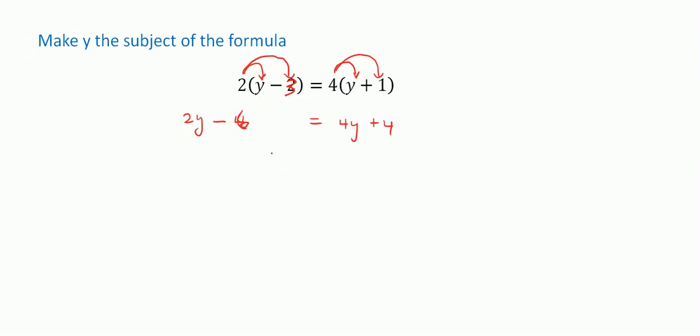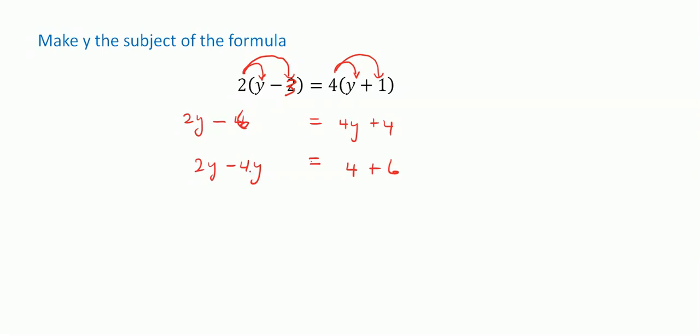Sorry, my mistake. Right, let's bring all the y's on one side of the equation. So 2y minus 4y is equal to 4 plus 6.